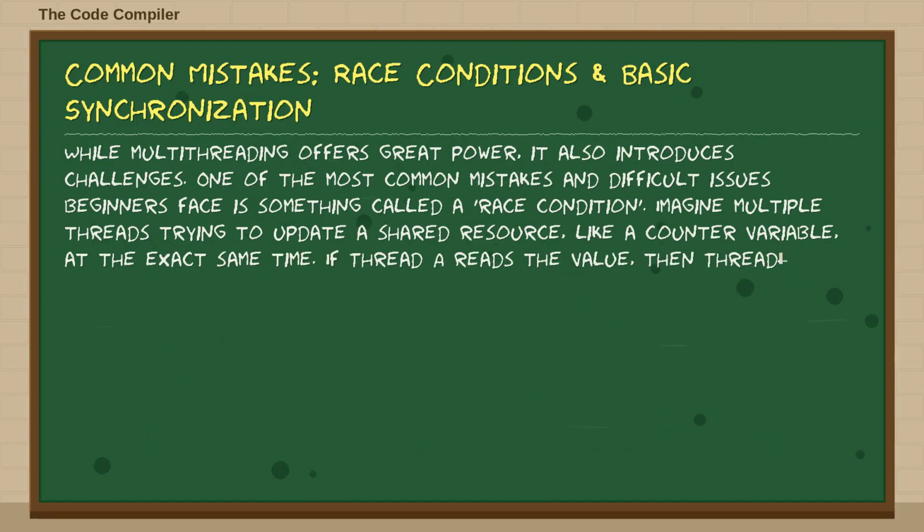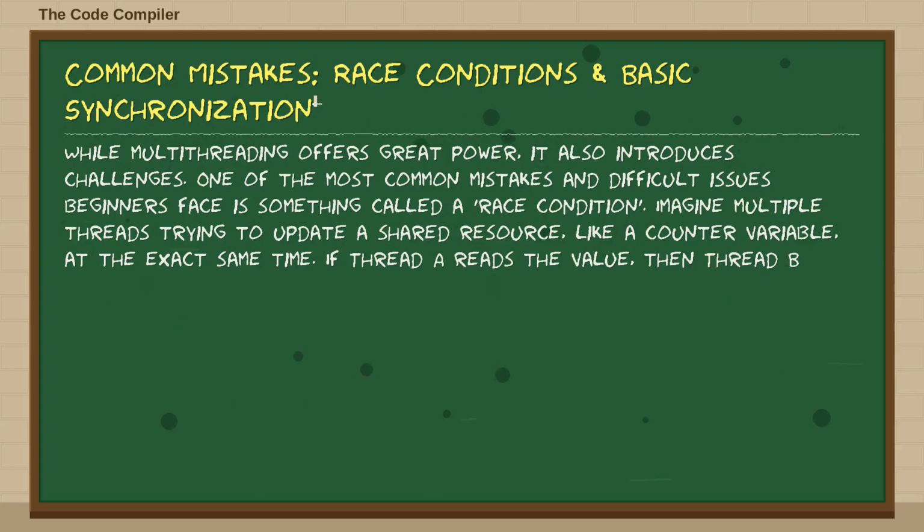If thread A reads the value, then thread B reads the same value before thread A has a chance to write its updated value back, you can end up with incorrect results. This is a race condition. Threads are racing to access and modify a shared resource, leading to unpredictable outcomes.